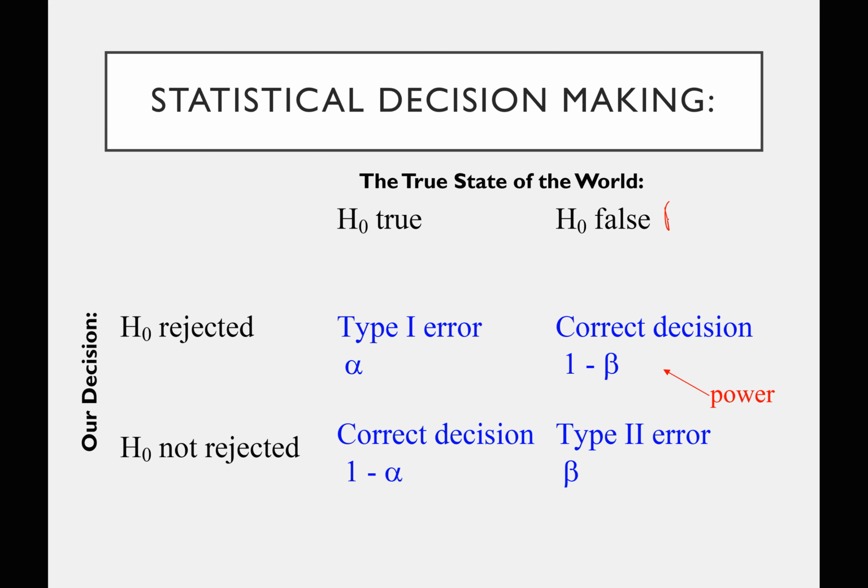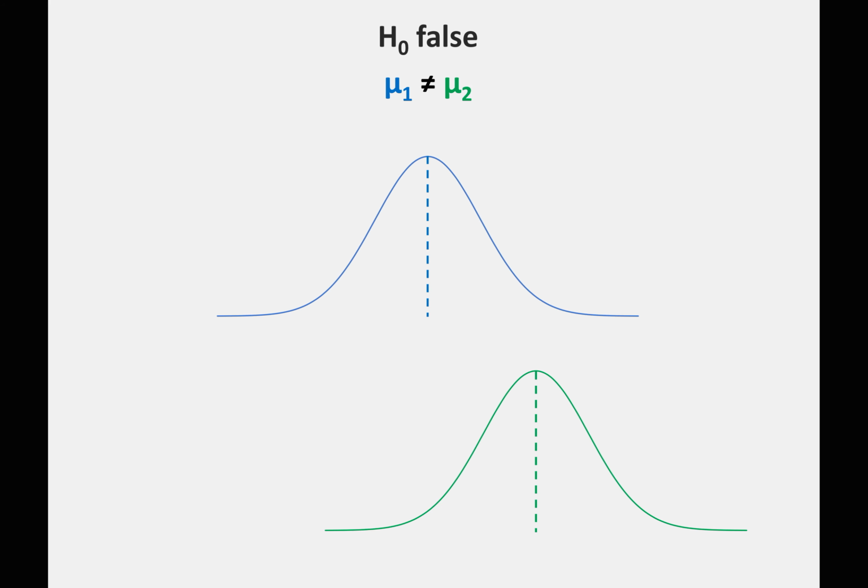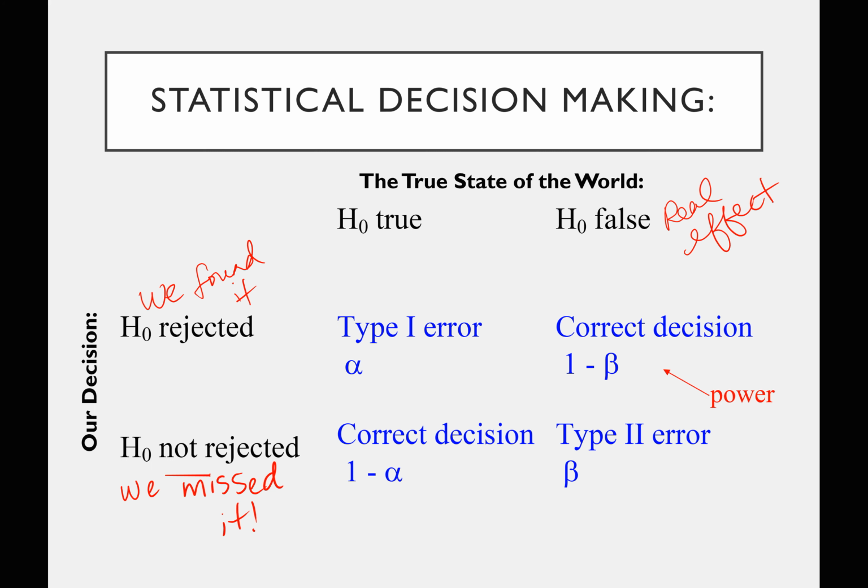This is a real effect. And this is, we found it. This one is, we missed it. We did not find it with our data. So this case where there really is something to be found, but we did not find it, this is our type 2 error.